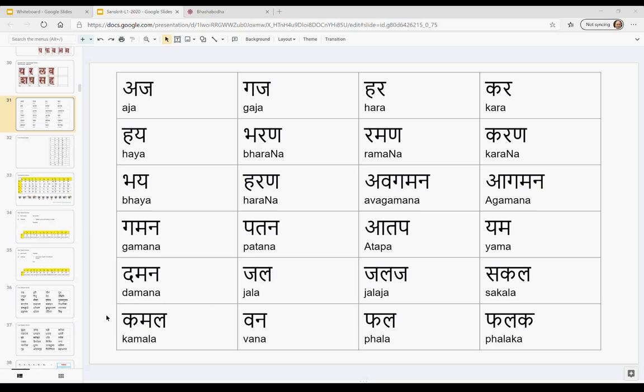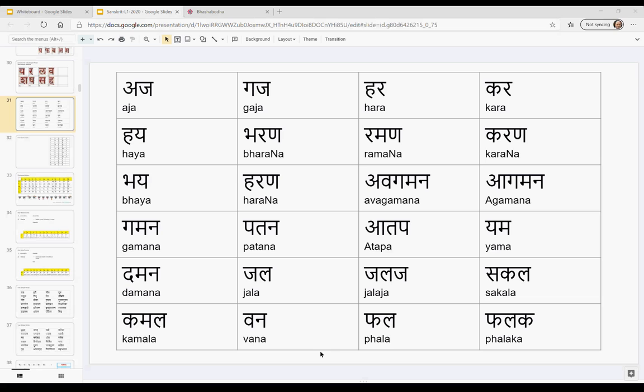This is actually spelling written in Devanagari script. In Sanskritam it is called Varanakrama. Varanakrama means order of the letters, order of the sounds. So they can be written like this. When we see it like this, it should be pronounced as aja only, without any pause in between.